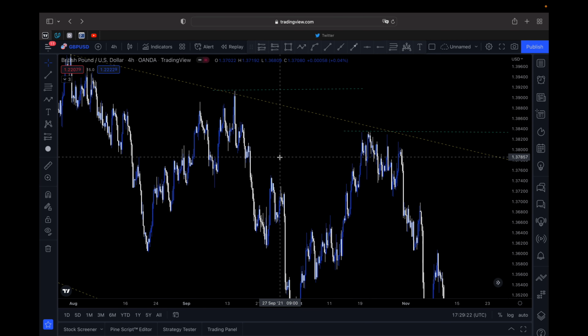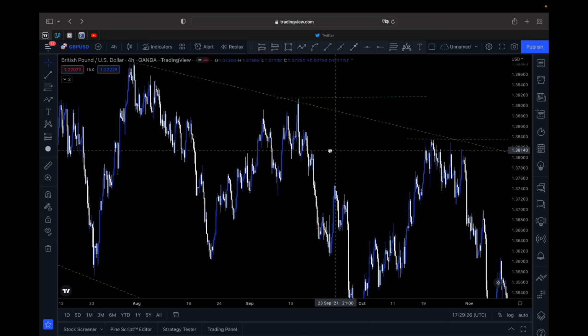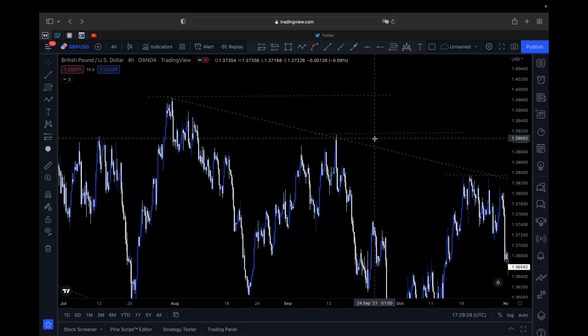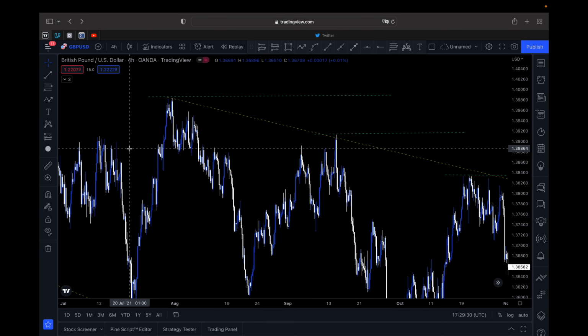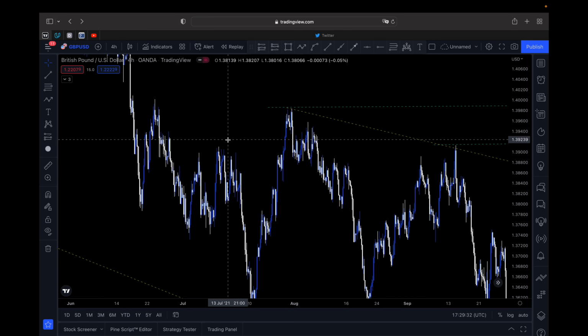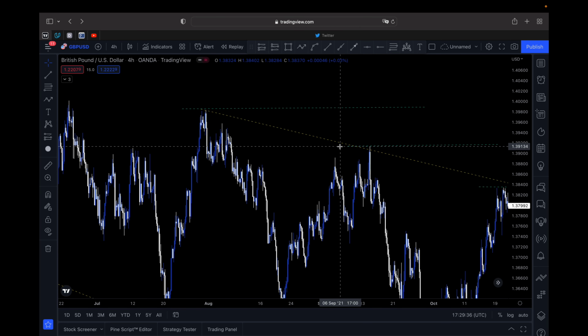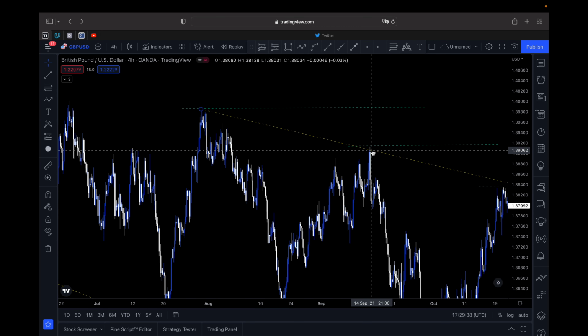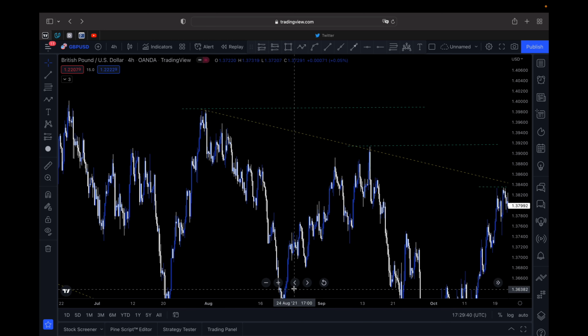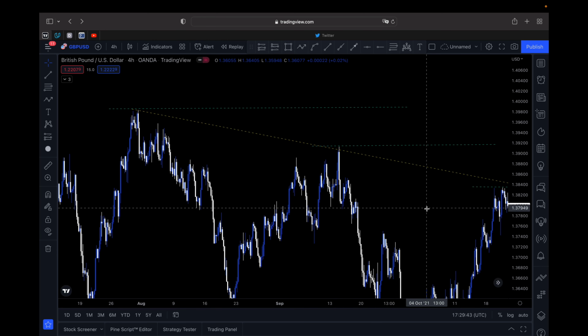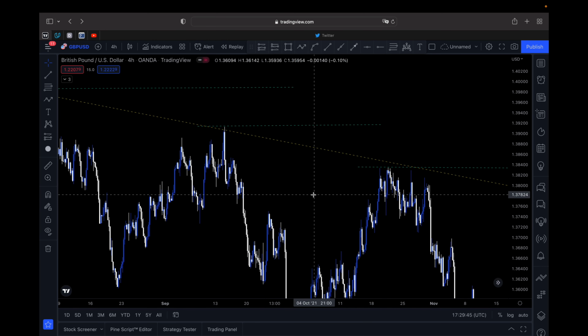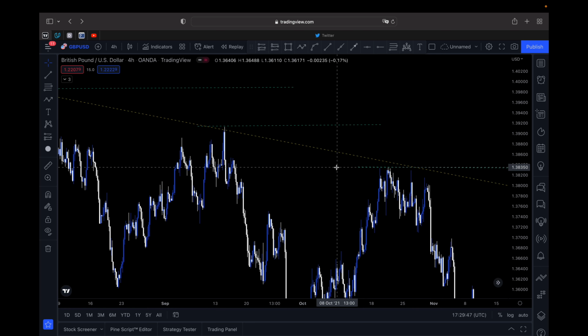How do I trade this? I mark my levels. So here, as you can see, price used the resistance at this level to confirm the sell, coupled with the trendline. That's 2 confirmations. And what happened? Price sold off. So I will look for the nearest resistance level.